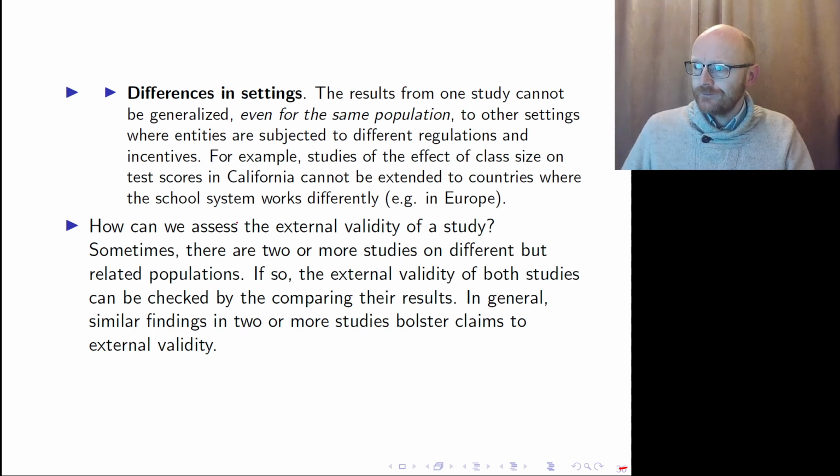So, for example, if the results of these studies are quite similar, even though the populations differ, then the external validity is quite strong. If the results of these studies differ, the betas are vastly different, even for the same model specification, then the external validity is not very robust.